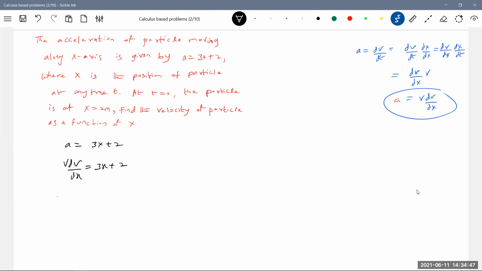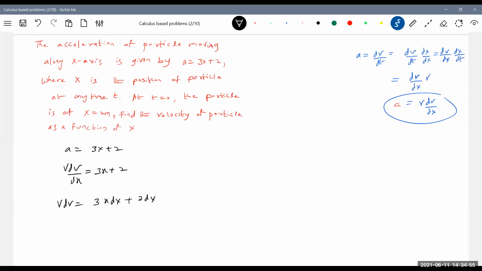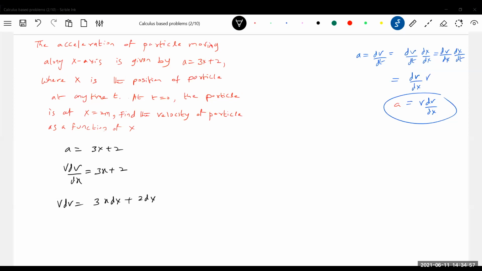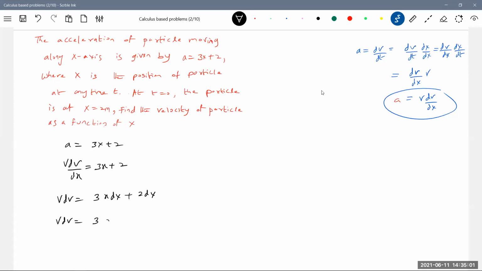So further, v dv equal to 3x dx plus 2 dx. Find the velocity of particle as a function of x is what it's asking.